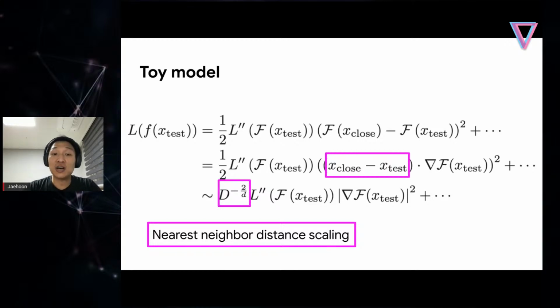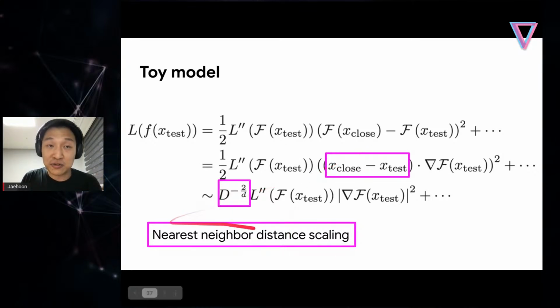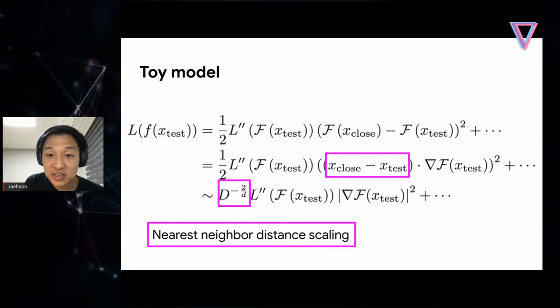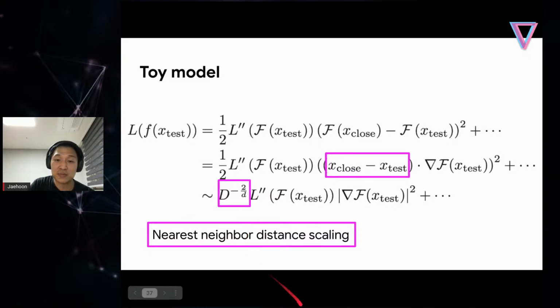If we want to find how the loss scales as you add more data, we can use a simple relationship converting volumes to distance, for the typical nearest neighbor distance when sampling IID points. This relationship comes from estimating the nearest neighbor distance of D points in small d dimensions. As you add more data, the typical distance becomes smaller, but in higher dimensions the distance will decrease more slowly.